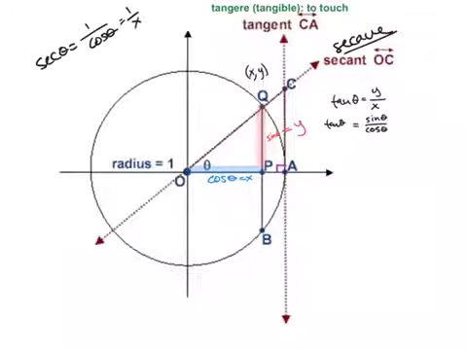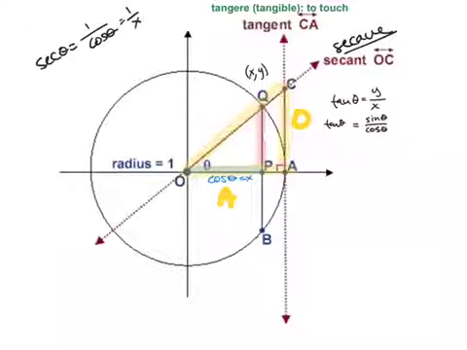So let's explore how that is possible. Okay, we know that the tangent is supposed to be equal to sine over cosine, but we also know that in any right triangle, so let me highlight this right triangle here in yellow, the tangent should also be the ratio of the opposite side over the adjacent side.